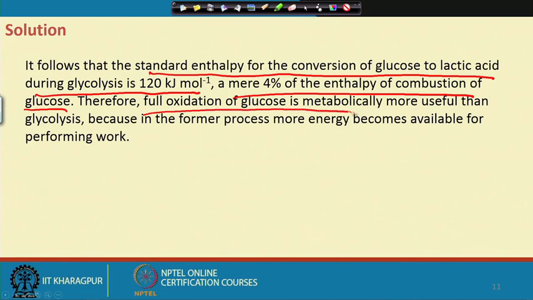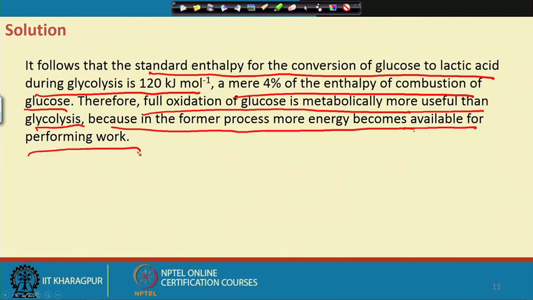Therefore, full oxidation of glucose in metabolism is more useful than glycolysis, because the former is a more energetic process, and more energy becomes available for performing work. So, from the energy point of view, glucose to carbon dioxide and water is more attractive as compared to glucose to lactic acid.